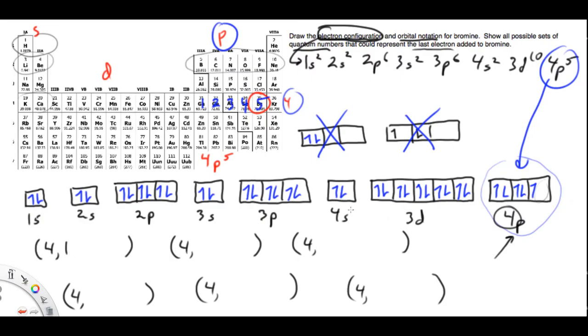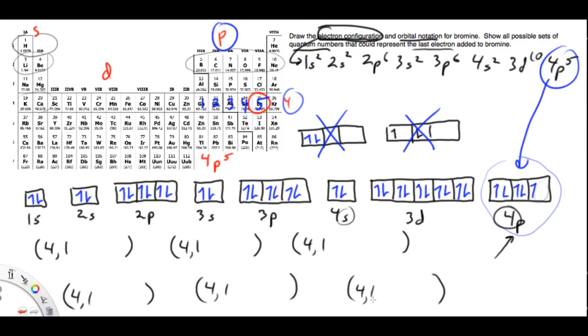S corresponds to 0, P corresponds to 1, D corresponds to 2, F corresponds to 3. These are all P electrons, so we're going to put a 1 for all of them.